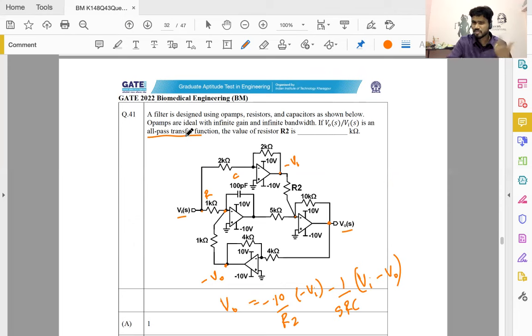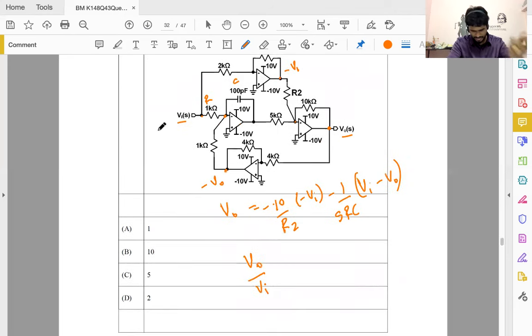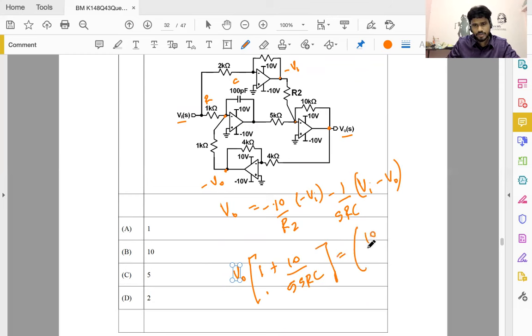Okay, that means it doesn't have a pole or zero, or the pole and zero occur at the same point. Let me just complete the picture here. So if you rewrite this, what you should get is V naught into 1 plus 10 by 5 SRC is 10 by R2 plus 10 by 5 SRC.